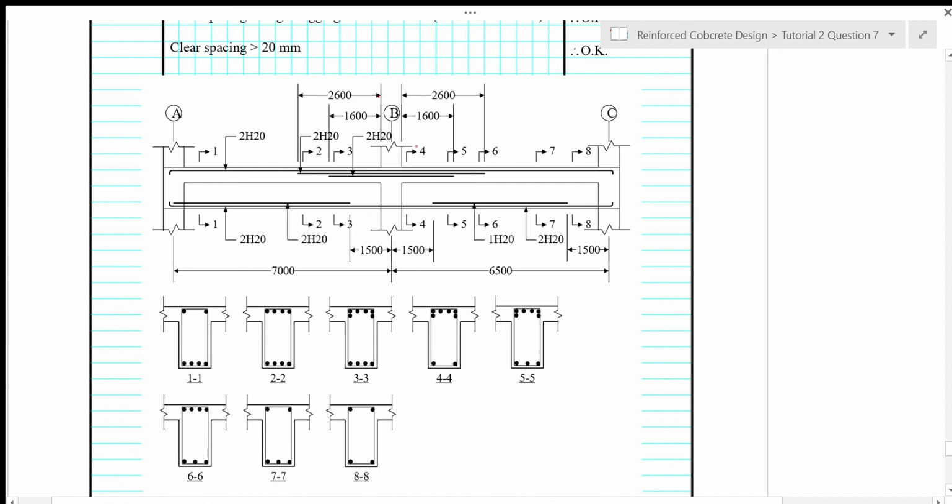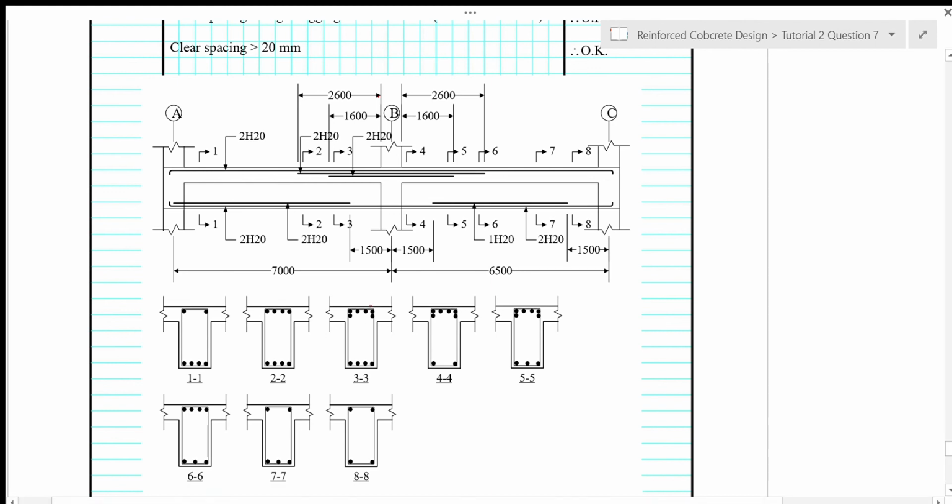Next we look at the negative moment steel. For the negative moment, the steel has to be on top of the beam. Here I have 3 lines, but the 3 lines do not represent 3 layers. You have to refer to the cross section.